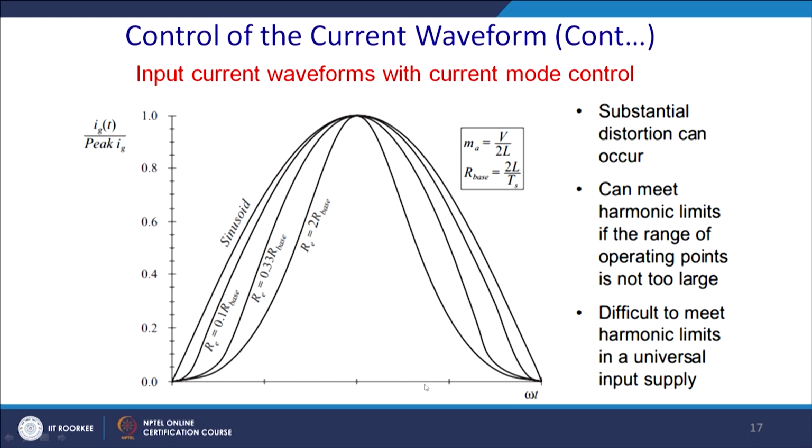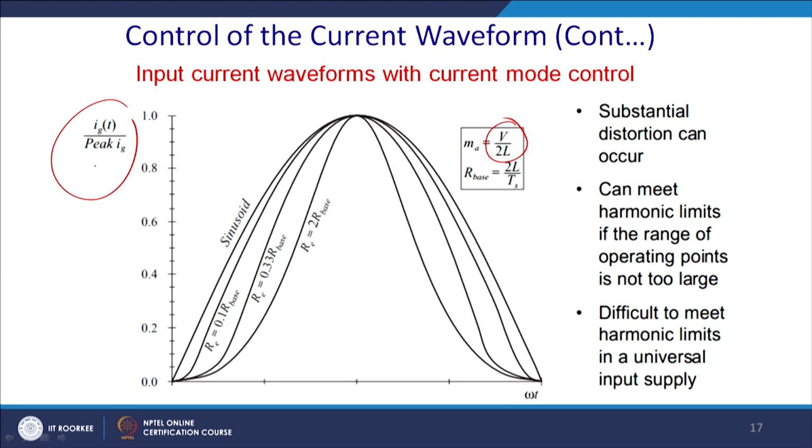So, what happened, this is basically the sinusoidal waveform, and this value is basically a modulated index, something of the slope, and R base is 1/2 Ts, and the peak value is basically Ig, a normalized value.